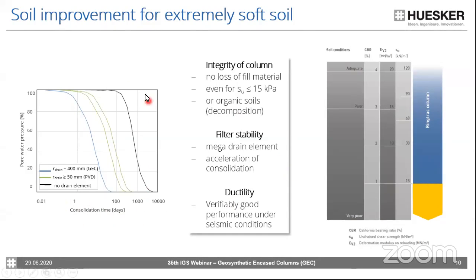As you can see on the left-hand side, you all know the effect of prefabricated vertical drains, which have a drain radius of 50 mm. And you know that this already accelerates the consolidation significantly. Now you can imagine what happens if you bring a 400 mm drain radius element into the subsoil.